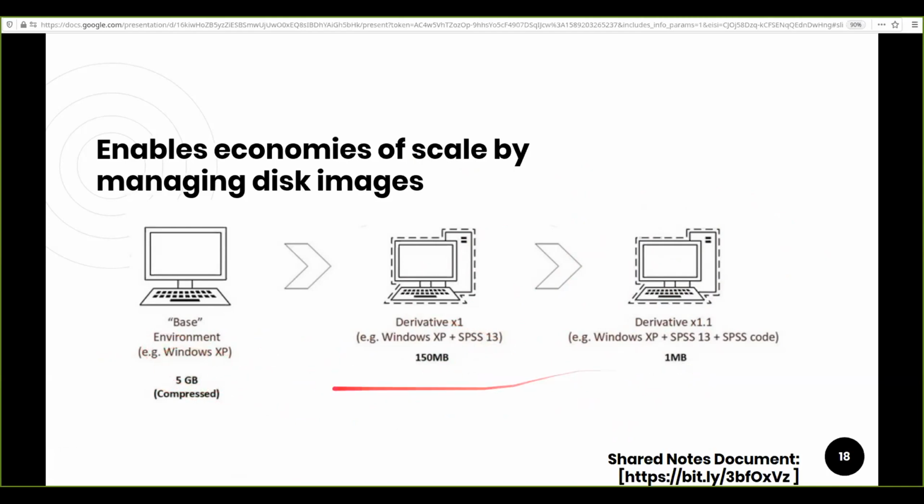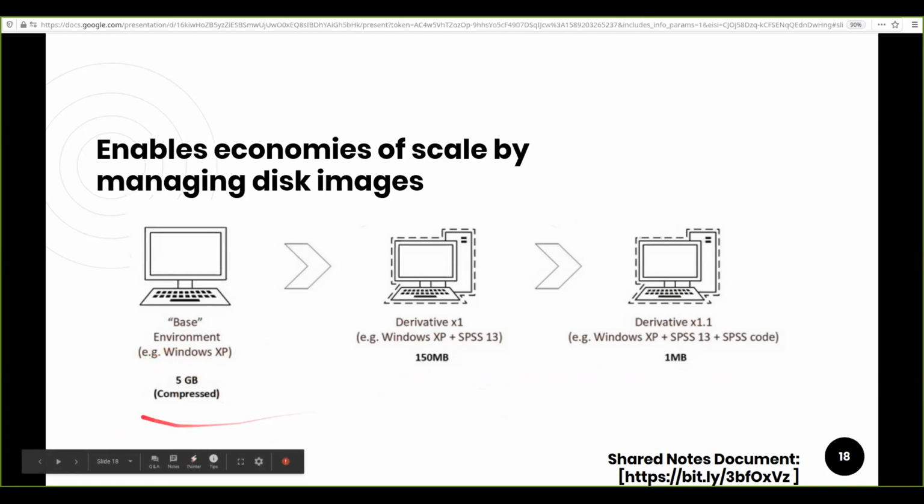But at each stage, we're not recreating the entire base. We're not recreating all of the storage that takes up the Windows XP operating system over and over again, which would quickly fill up our digital repositories, right? If we had to duplicate that data over and over again. So this is just to hype the data storage capabilities of EaaS, in that it takes care of that for you and eliminates a lot of redundancy.